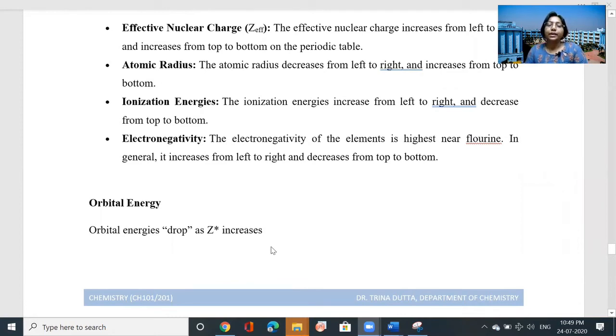Basically, when the electron remains in the lower orbital, the lower shell, the energy level is lowered. In this case the effective Z is also higher. That means at the lower energy level, the electron will remain in the grip of the nucleus, so the effective Z is higher.